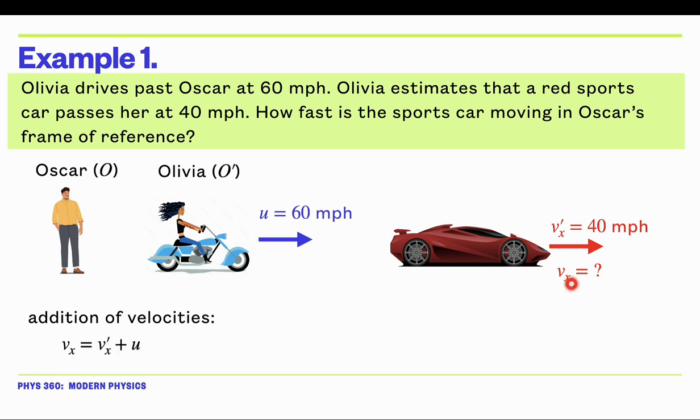Vx is the thing we're trying to find. Vx prime we saw is just 40, u is 60, so 40 plus 60 is 100, as we expected. Very simple math, but easy to get confused with all of the primes and unprimes flying around. It's worth noting that we arbitrarily assigned Oscar to the unprimed frame and Olivia to the primed frame. We could switch these around and we'll get the exact same answer in the end.